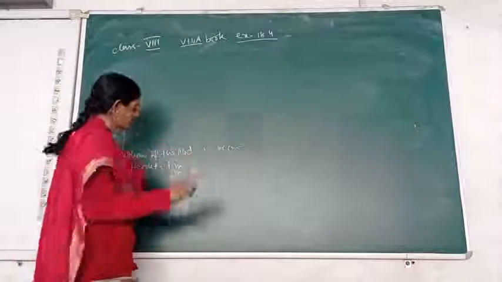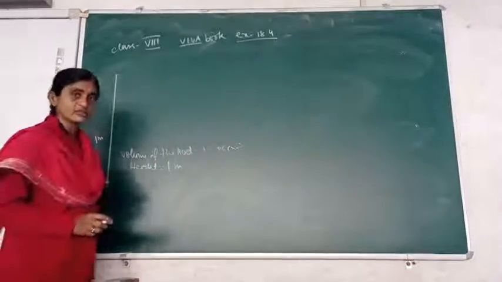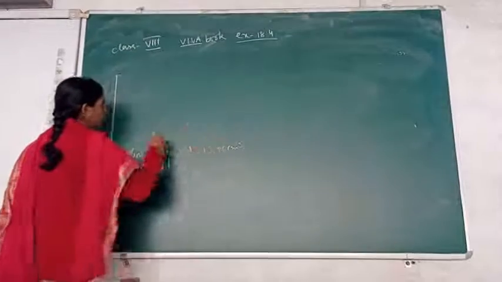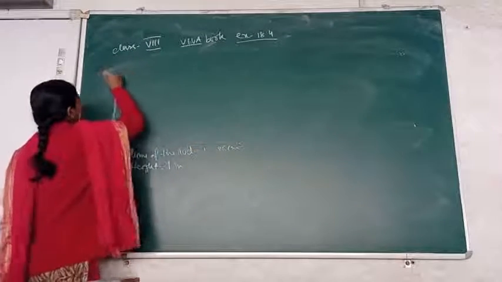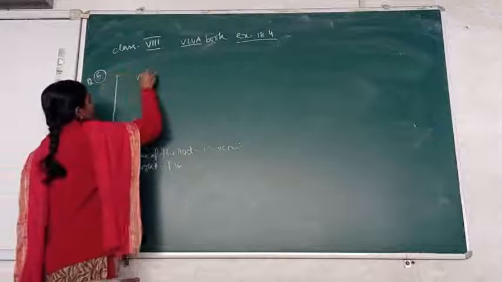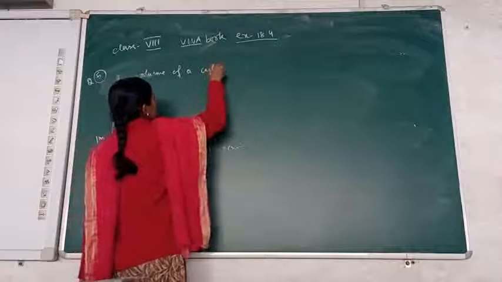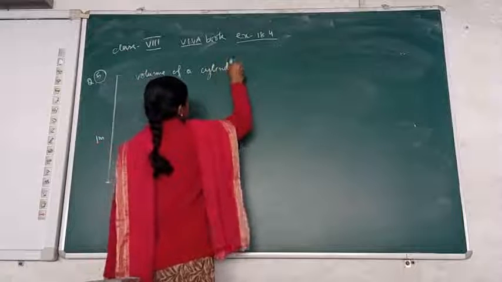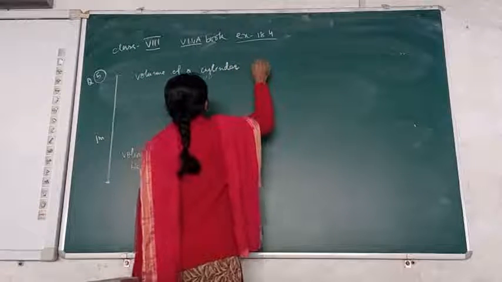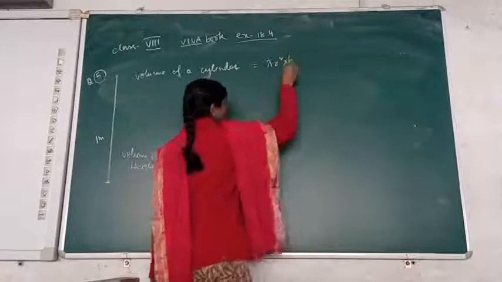Now you are asked to find the diameter of this rod. Yes, it is cylindrical in shape. So the volume of a cylinder, this is question number 5, the volume of the rod is equal to pi r square into h.